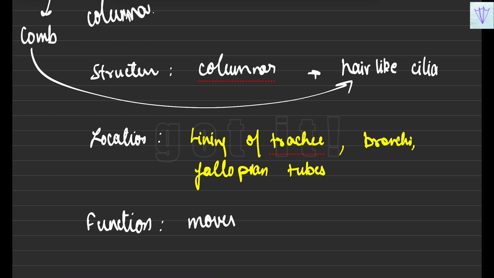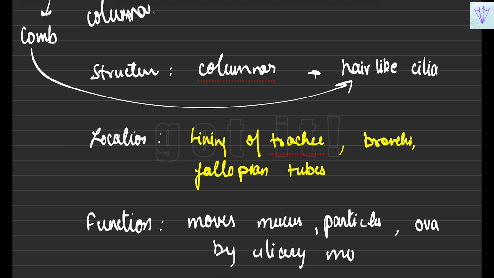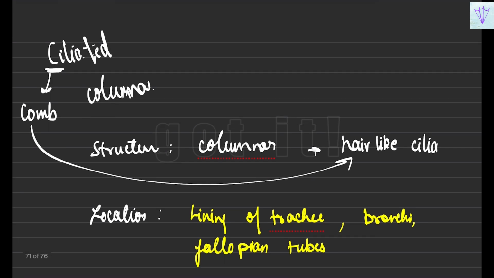It moves mucus and particles and ova by ciliary movement. The mucus and particles part is what we see in the lining of the trachea, while the ova movement we see in the fallopian tubes. So what is the keyword you have to remember for ciliated columnar? It is movement.